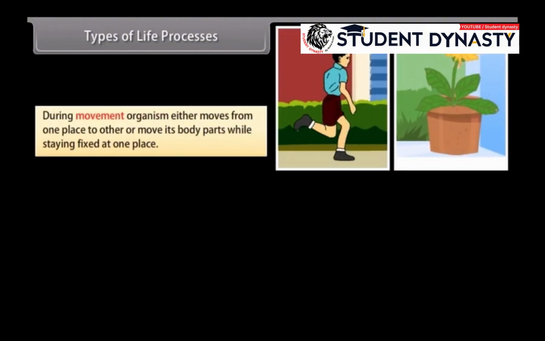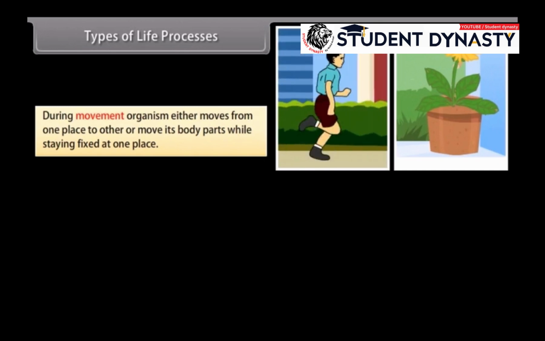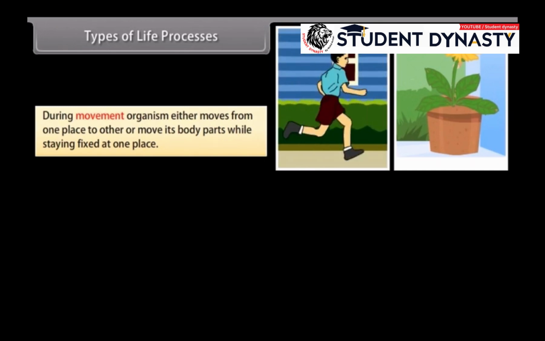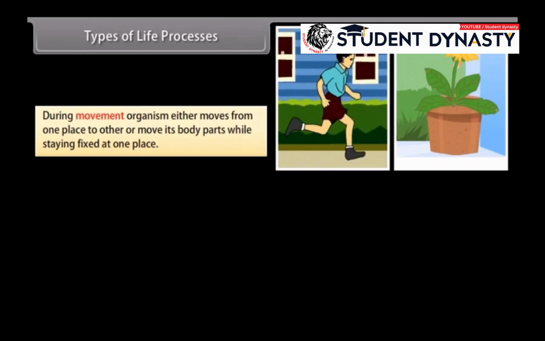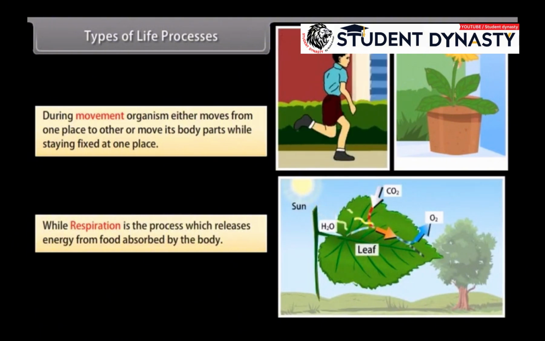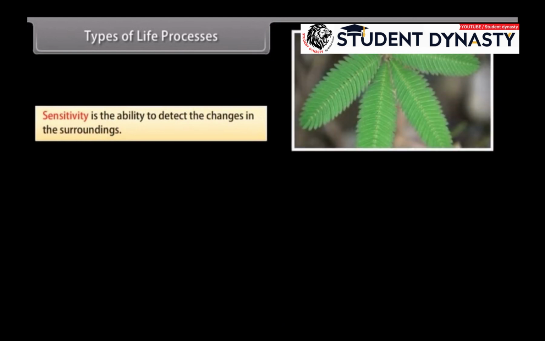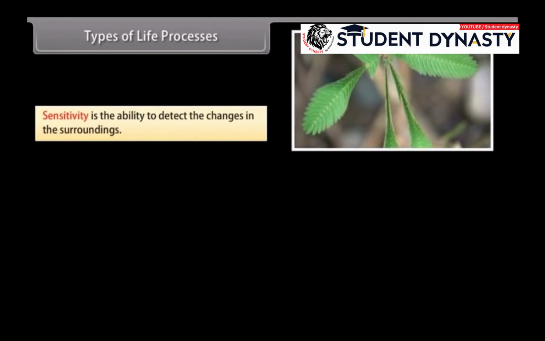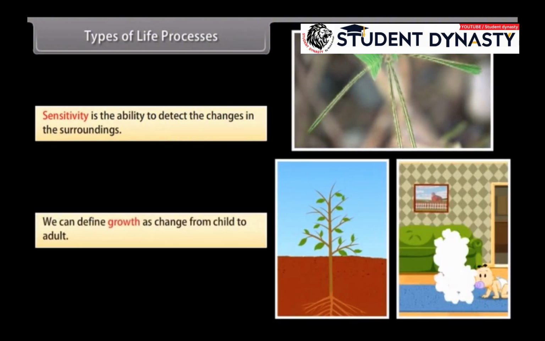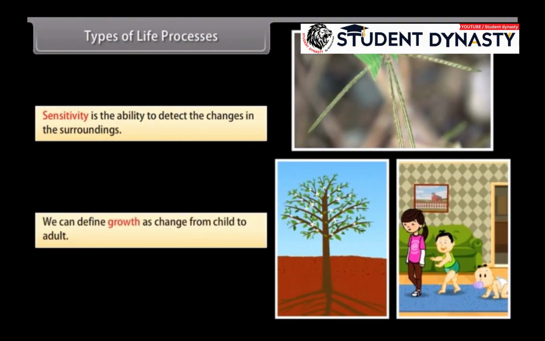During movement, organism either moves from one place to other or moves its body parts while staying fixed at one place. While respiration is the process which releases energy from food absorbed by the body. Sensitivity is the ability to detect the changes in the surroundings. We can define growth as change from child to adult.